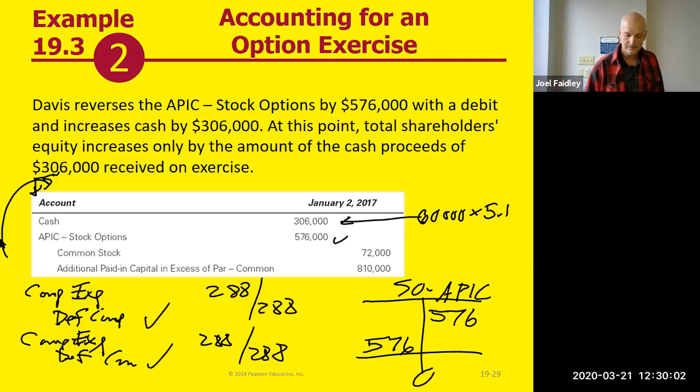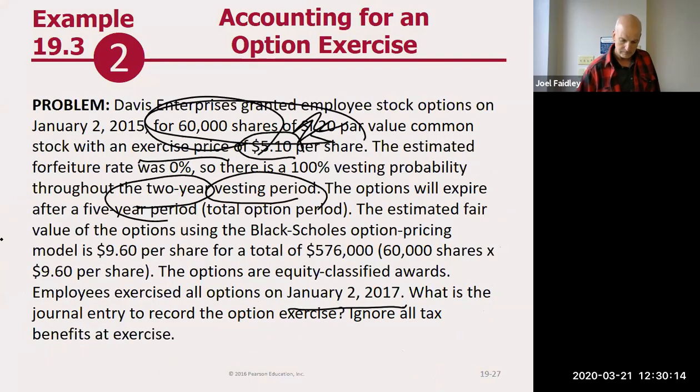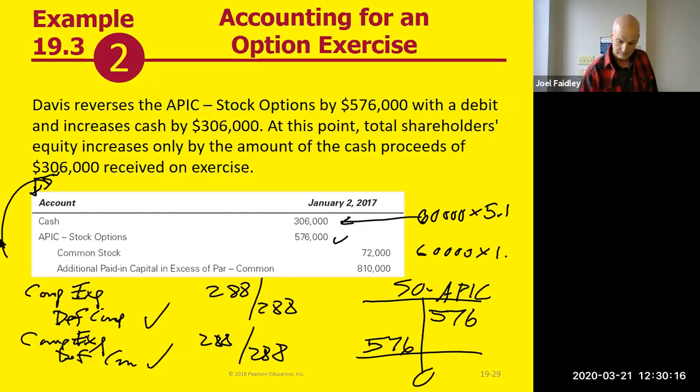There that is. So what do we do? Well, that's 60,000 times par value, which was $1.20, par is 72. And what is that number? That's a good old plug number, right? These options have been exercised.